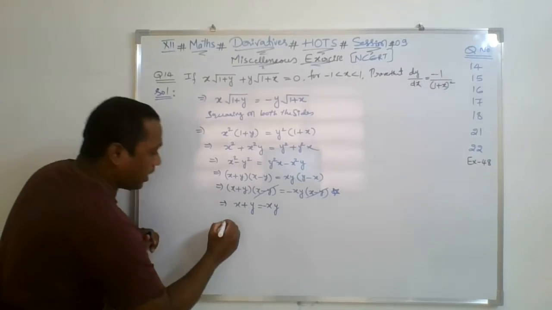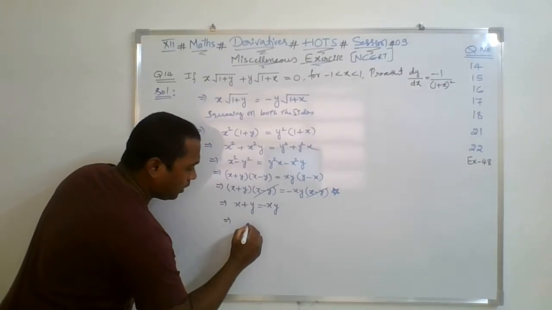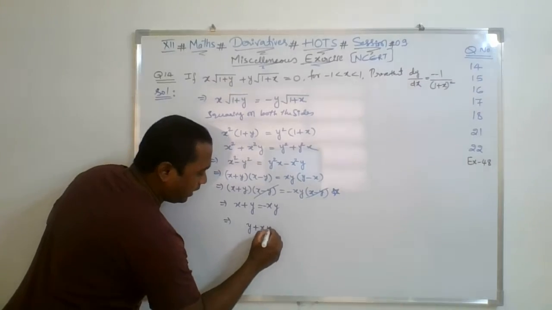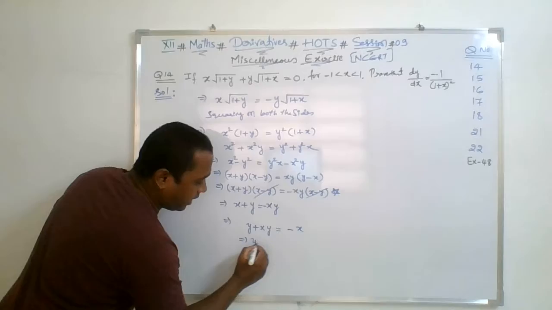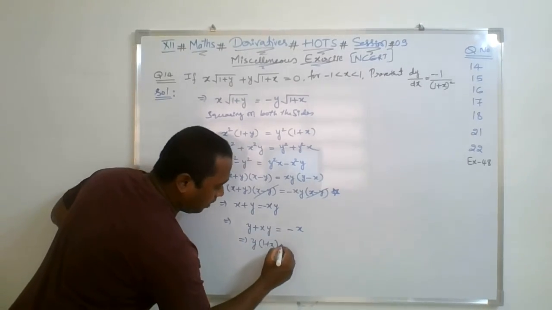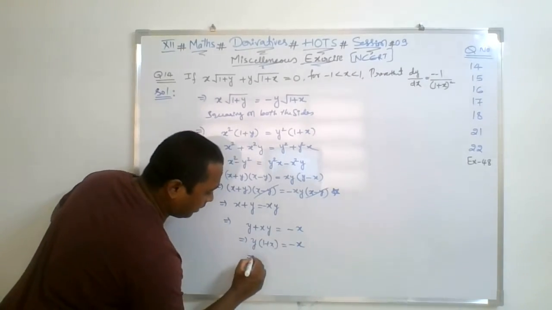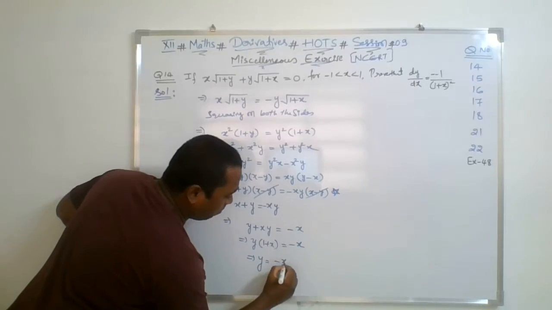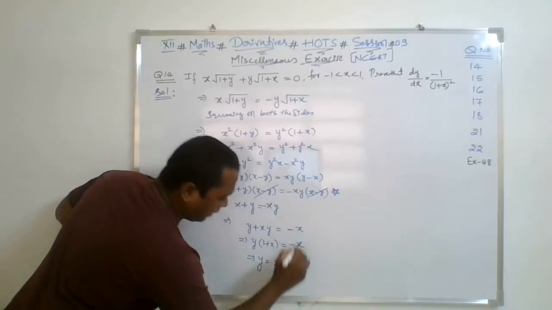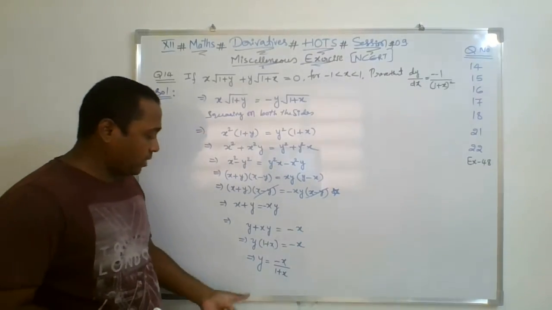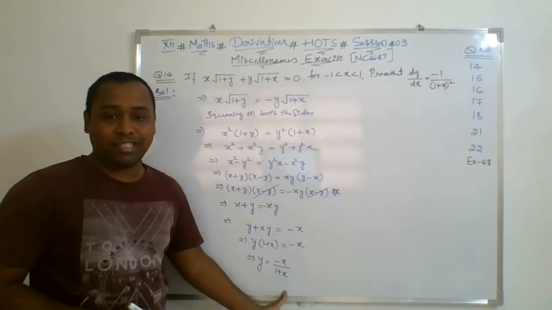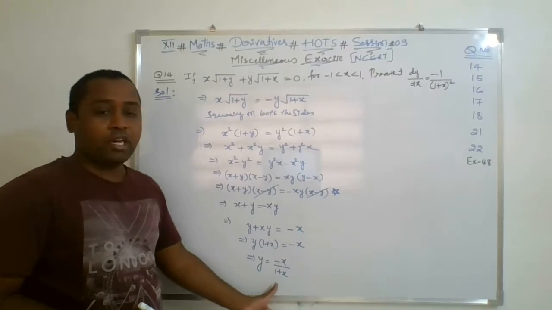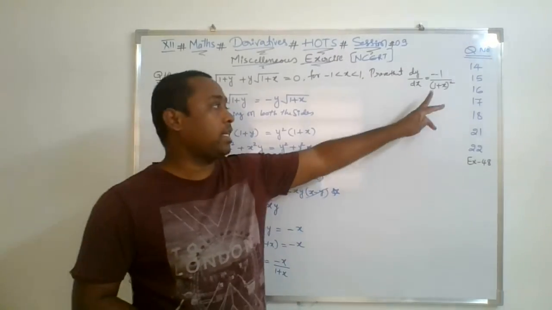So first I will write y plus xy equal to minus x. Then I can take y as a common factor, so y into 1 plus x is equal to minus x, y equal to minus x by 1 plus x. So I have first expressed y in terms of x, that is an explicit function. Now I can go for the derivative to get the answer.